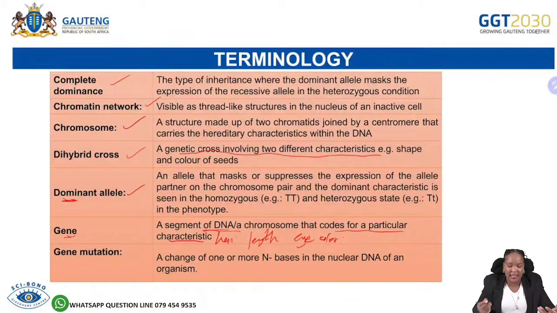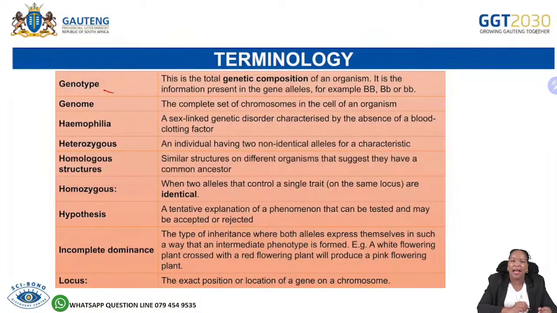So those are characteristics that can be coded for by this segment of a gene or by this segment of a chromosome. Then gene mutation, you're also going to talk about that. A genotype, we're going to talk about that as well. A genome, this is a complete set of chromosomes in a cell of an organism. So for the human genome, you will tell us how many chromosomes it has. Then hemophilia, we're going to talk about that as well today.